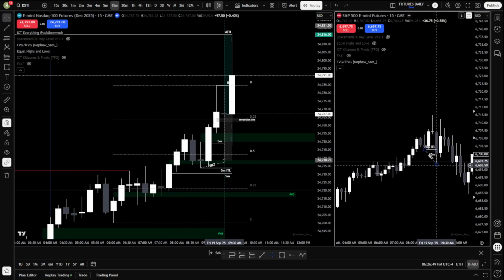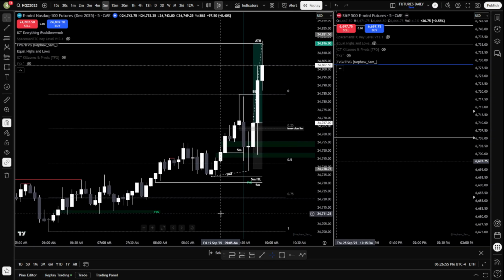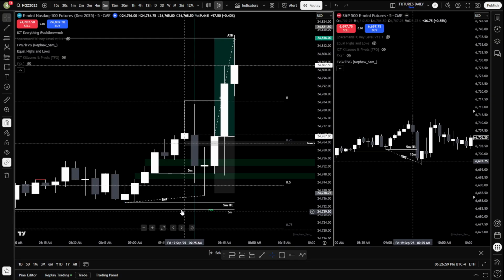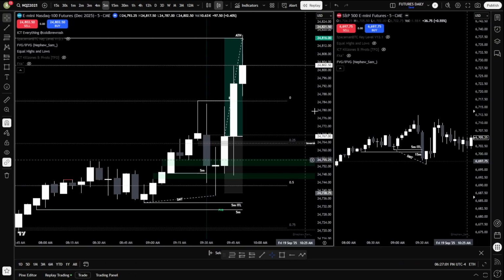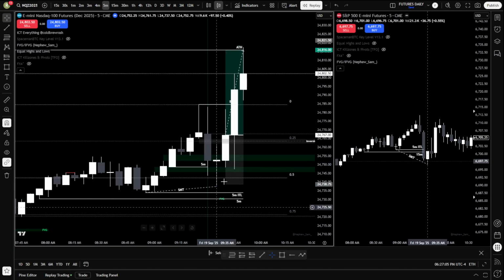ES came and took that out, and also took out this 5 minute intermediate term low. NASDAQ was obviously the more bullish asset because we didn't go that low.